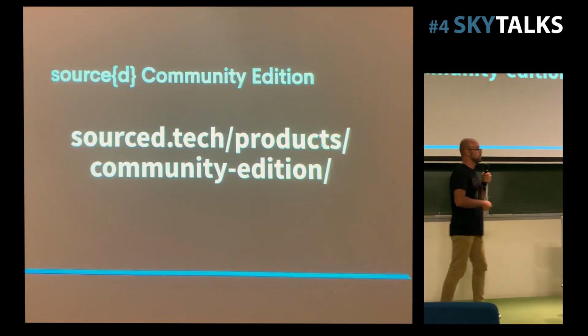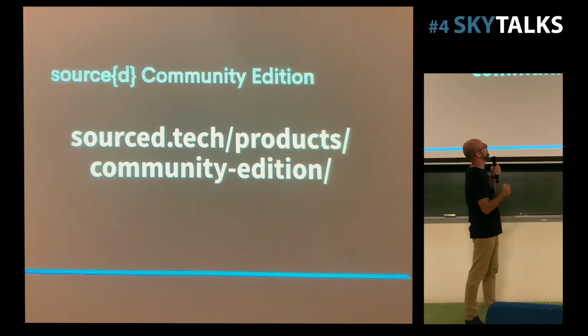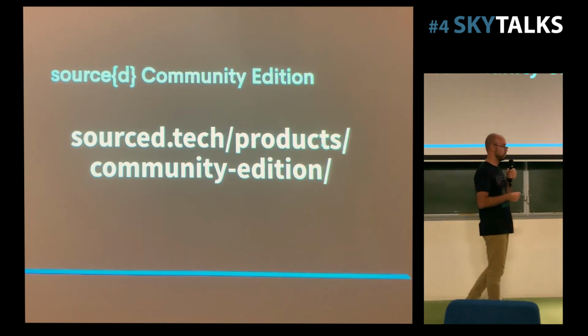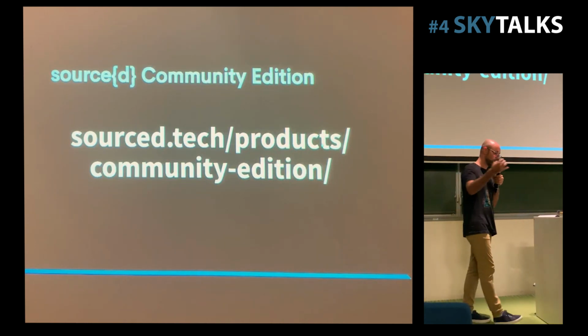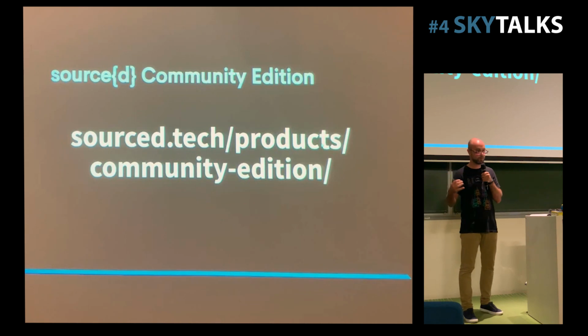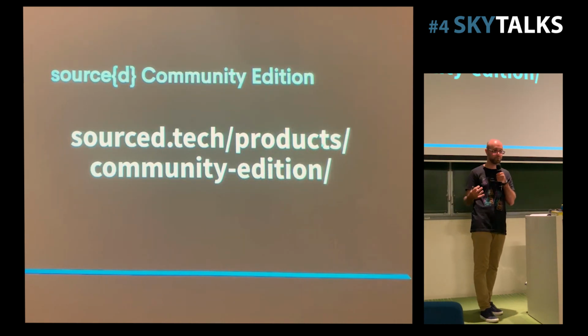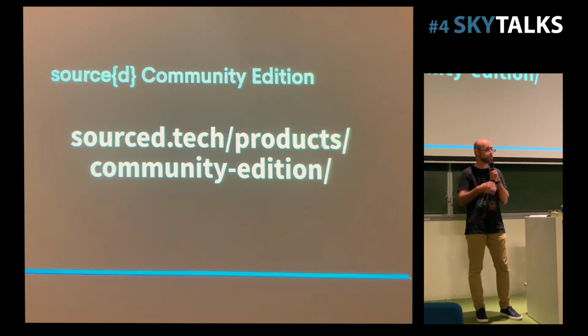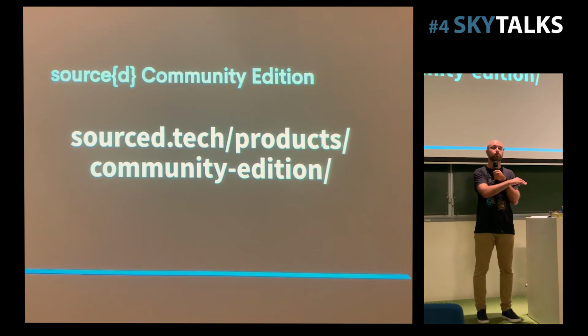The third and the last thing is Sourced Community Edition, which is accessible by this link. It contains all the open source tools Sourced has developed for mining software development history and also for engineering observability. It contains gitbase and Babelfish and everything. And the good thing about that is that you don't have to set up anything yourself.